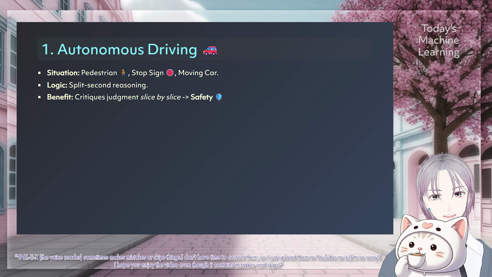If the AI makes a logic error in the middle of that thought process, it could be dangerous. While using something like GAR, the car's AI can constantly critique its own situational judgment, slice by slice, ensuring that every decision it makes is based on sound logic. This makes self-driving cars much safer for everyone.